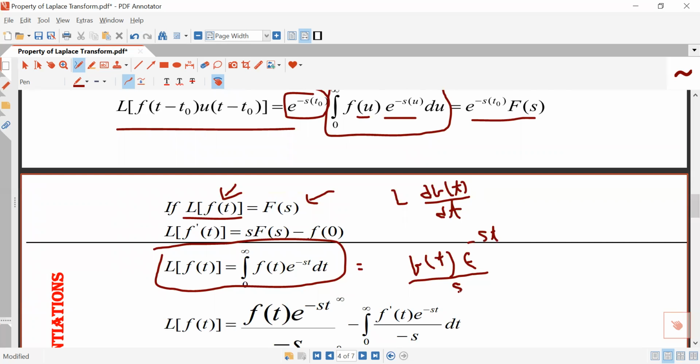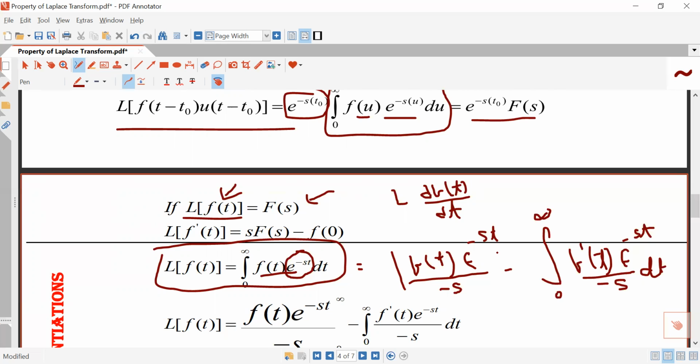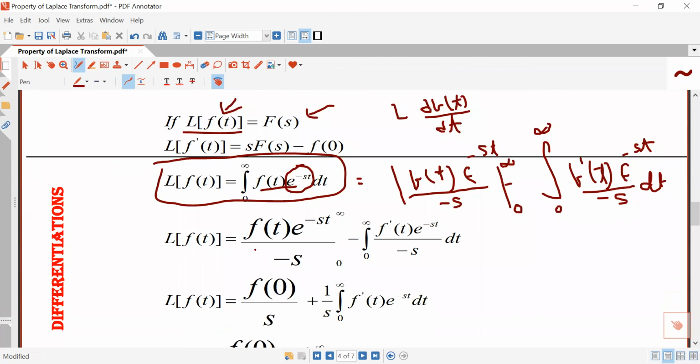So in the denominator there will be minus s. So first function into integration of second minus integration of differentiation of first function, into integration of second function. This is second function, and integration of second function will be e to the power minus st divided by minus s dt. And in this you will have to put integration limit 0 to infinity. So you will get this result.